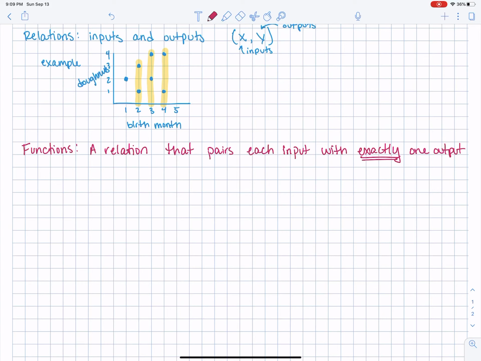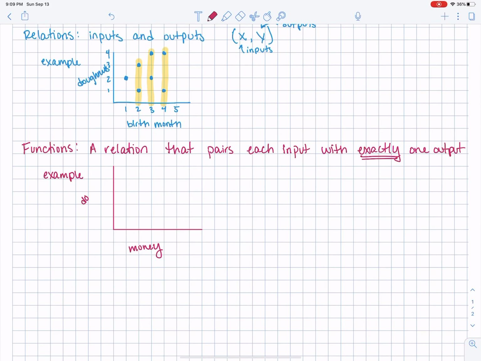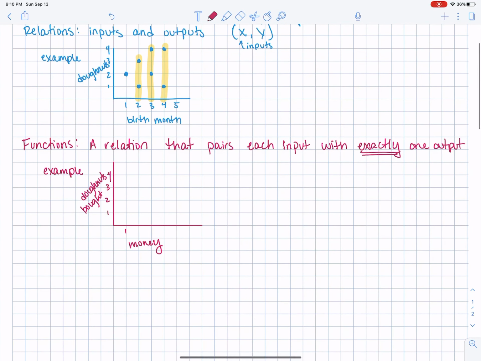So our example for this one might be something like the money that you spent and the donuts you bought. I'm going to say bought for this one. Donuts you bought. And I'll say 1, 2, 3, 4. And the money that you spent here is $1, $2, $3, $4, $5, $6.